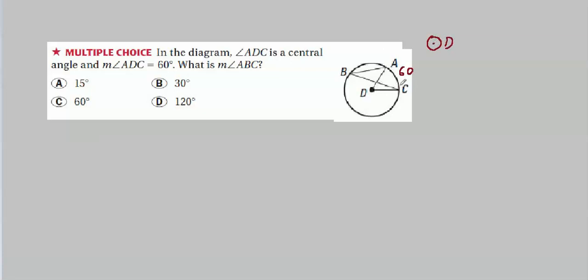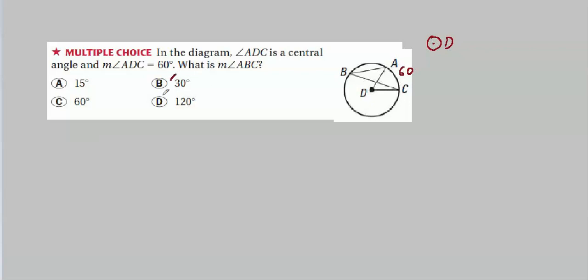Remember, the arc is measured according to the central angle that it subtends. However, we have an inscribed angle here which intercepts exactly the same arc, ABC, and they want to ask you, what would the measure of ABC be? Well, it would be half the measure of the arc, which is 30 degrees.